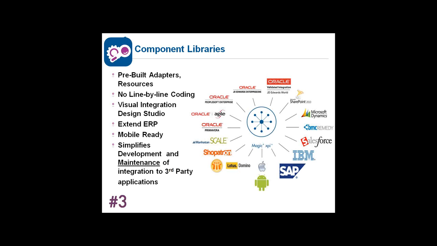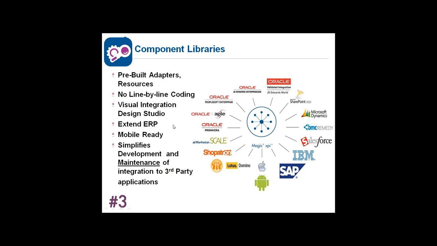Web services, both SOAP and RESTful web services, JSON, whether you want to work with messaging queues or various kinds of communication protocols, HTTP, obviously, XML, and so on. And so having a component library that's mobile ready is really going to simplify the development and maintenance of integration to the various third-party applications as well.